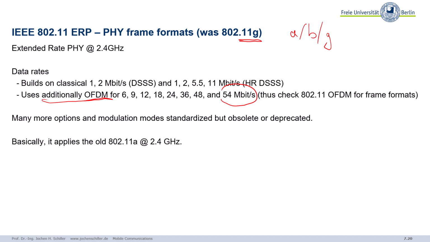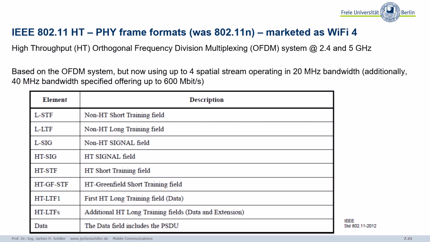Just to give you an overview, after A, B, and G, the next quite dominant standard was 11N, marketed as Wi-Fi 4 by the Wi-Fi Alliance. It's officially called the high throughput OFDM, operating at 2.4 and 5 gigahertz.